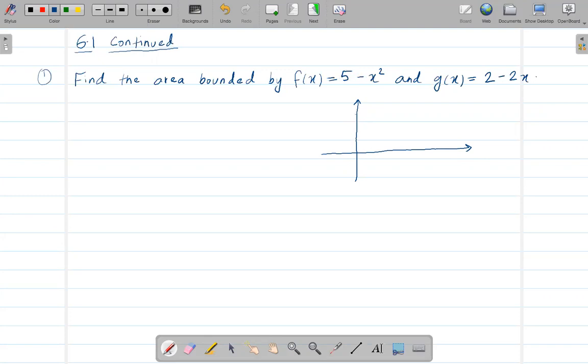Most probably when you find the vertex, first h is equal to negative b over 2a, and k is just take that value of h and plug that into here to get the value, or we can even say f of h. So from that you can get the vertex. And here b is 0, because we don't have an x term.